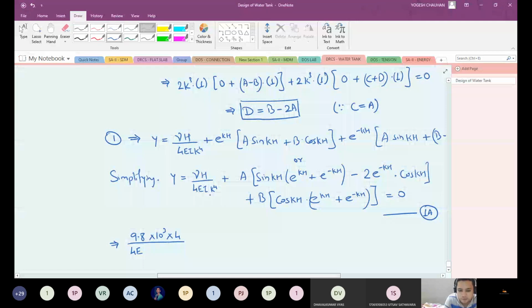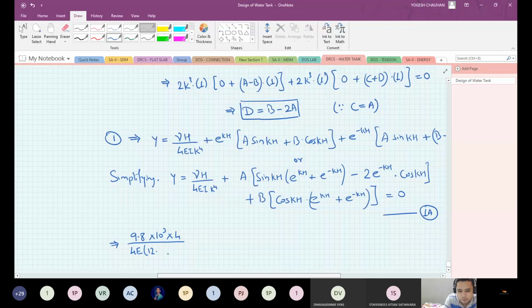We have already found the value of this term, I k raised to the power 4, so it is 12.418 into 10 to the power minus 4.